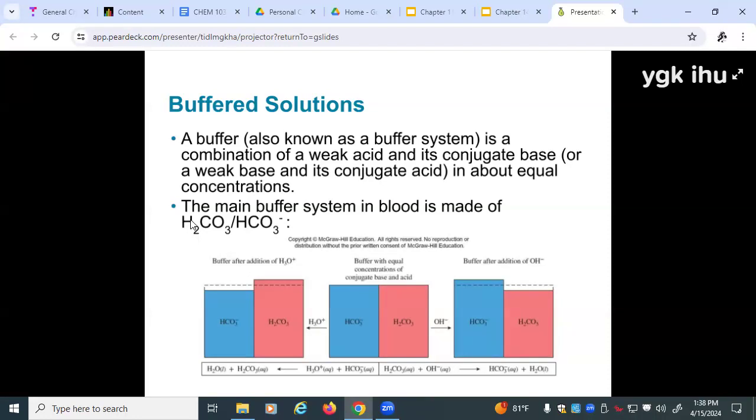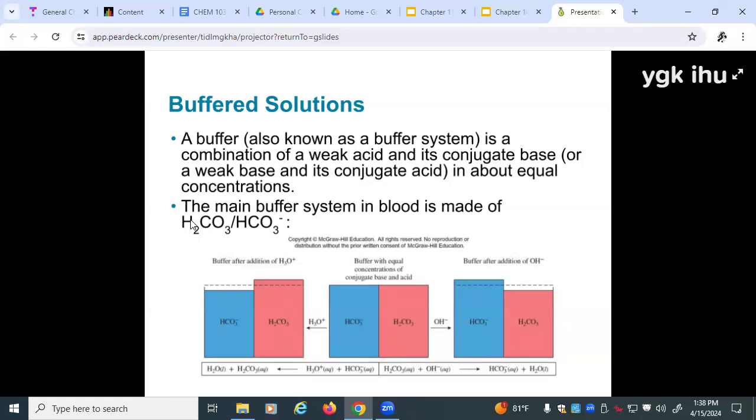Expose it to an extreme solution of base, and its pH will not change that drastically. The most common system that exhibits this kind of behavior is actually your blood. Your blood is naturally pH tempered around pH 7.4. So just a little bit on the basic side of neutral.